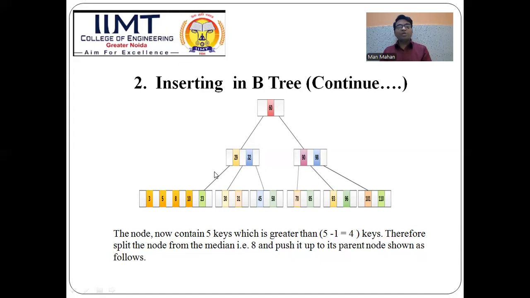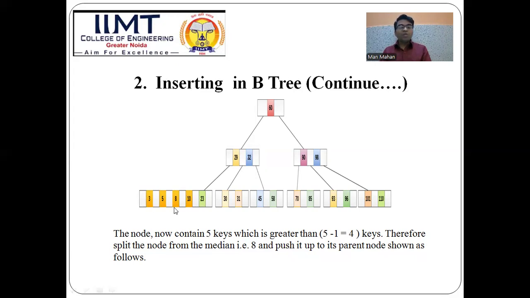There is a particular rule in the B tree: if the maximum number of keys is m minus 1, then the number of children is m. Here, if the order is 5, then the values 3, 5, 8, 10 and 23 are more than the maximum number of keys allowed, which is less than 5.